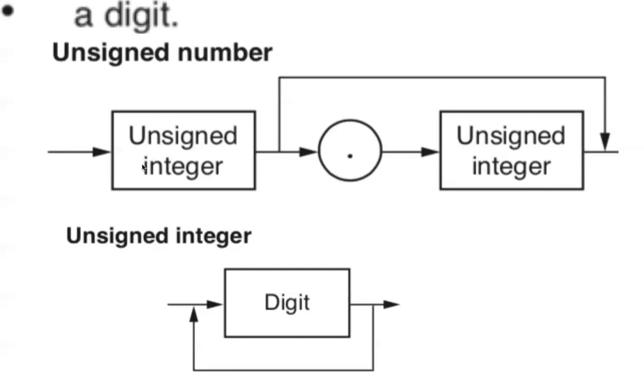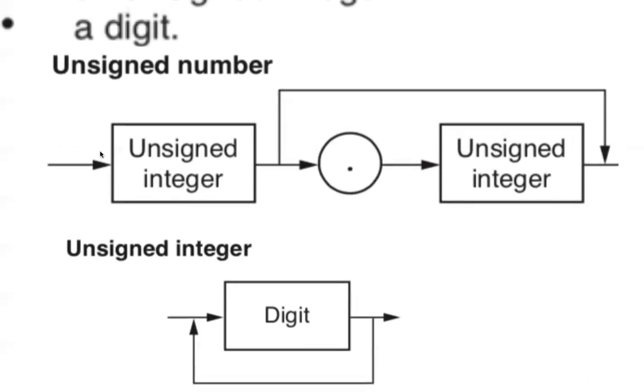Now, let's see what's happening with respect to this path over here. Basically, this means that an unsigned number can have an unsigned integer followed by a decimal point and followed by an unsigned integer.